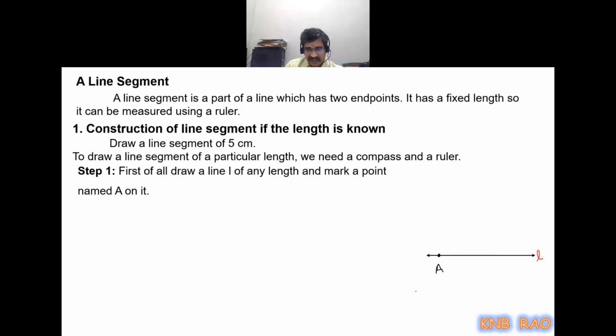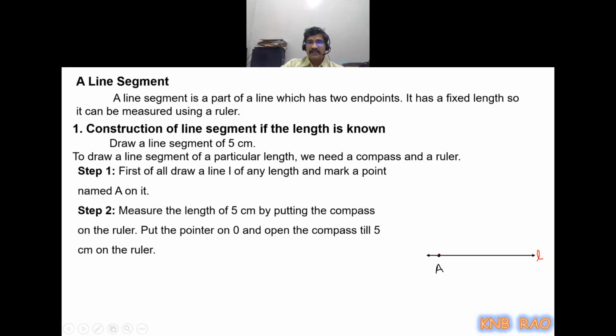Is it clear now? First you took a line, drew a line L, and on it you are marking a point A. Then what is the next step? Measure a length of 5 centimeter in the compass.